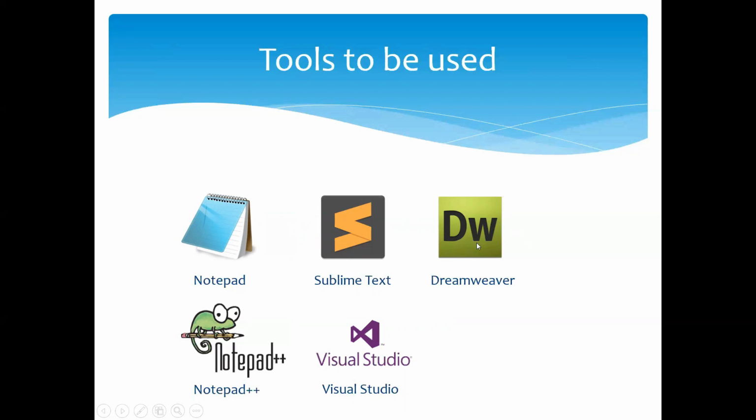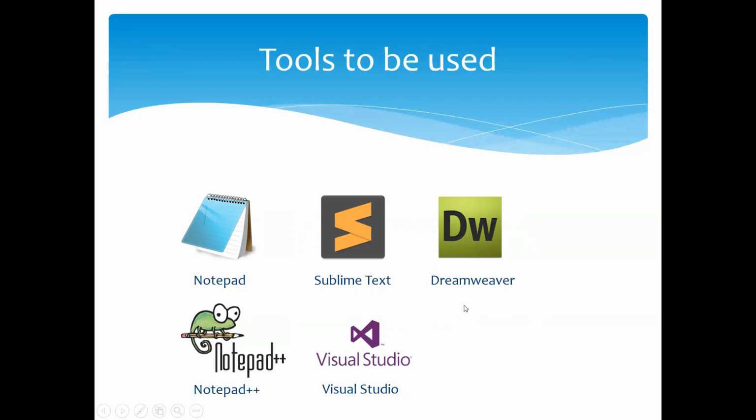Now coming to Dreamweaver. Dreamweaver is a product of Adobe. Dreamweaver is a product company, and its size is around 2 or 3 GB of space. Whenever you want to use Dreamweaver, you have to purchase a license from Adobe. So we can term this a paid tool. Next one is Visual Studio. Visual Studio is a product of Microsoft.